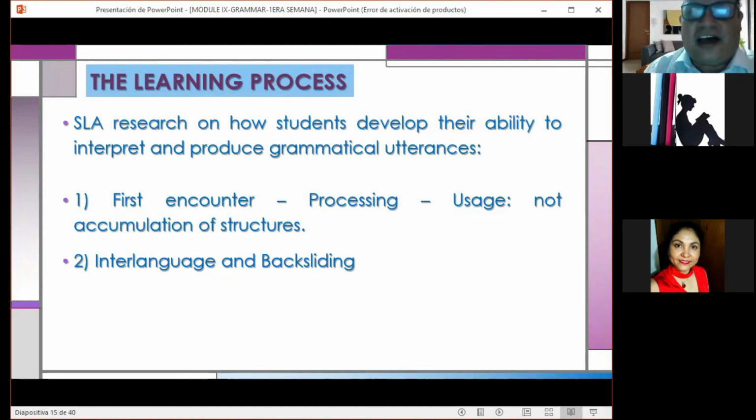So they are using the structure of the first language, noun, adjective. Because in English, we have a different structure: first the adjective and then the noun. So the correct way to say that is, I have a beautiful house. When they say, I have a house beautiful, we call this interlanguage or backsliding.